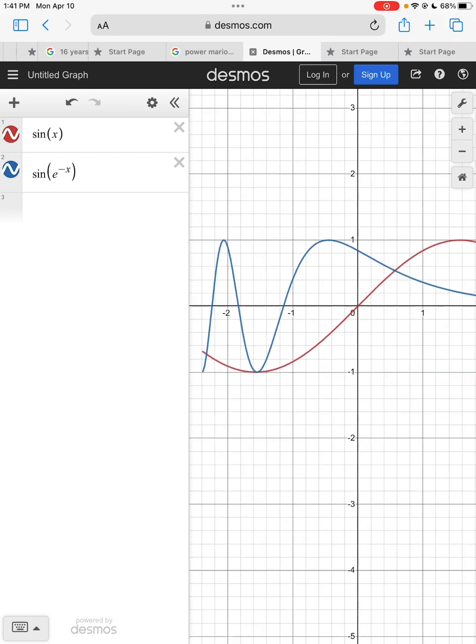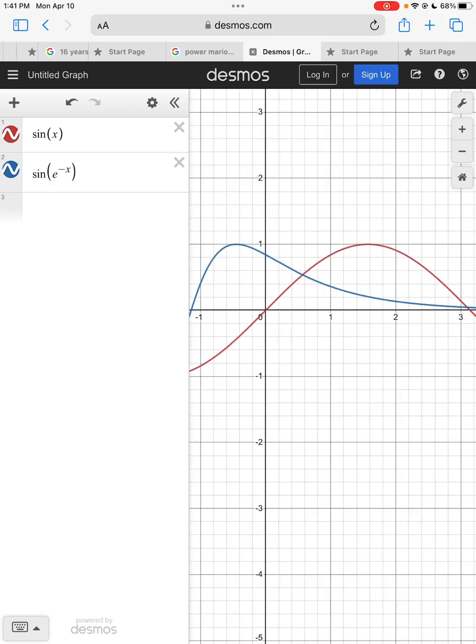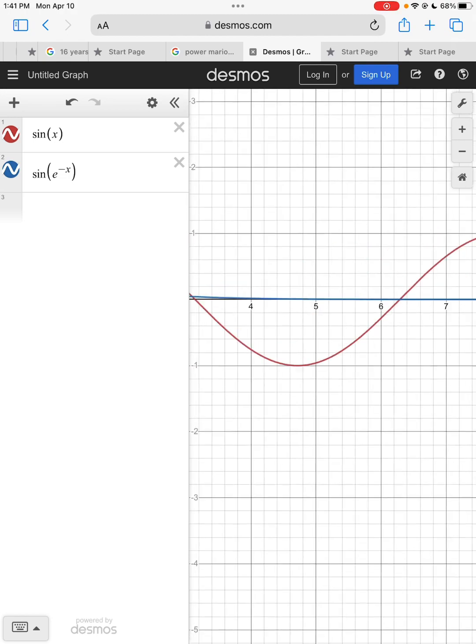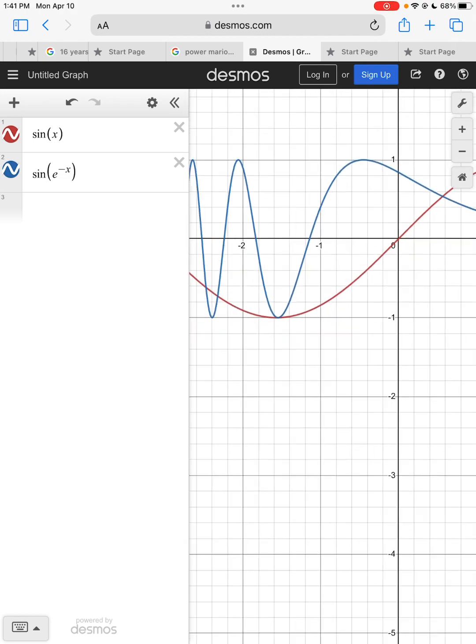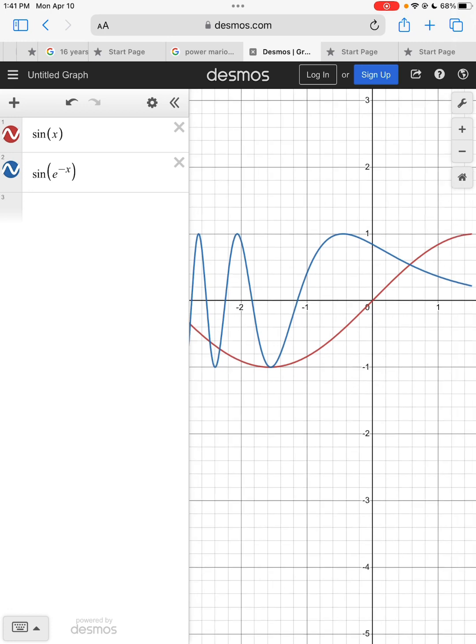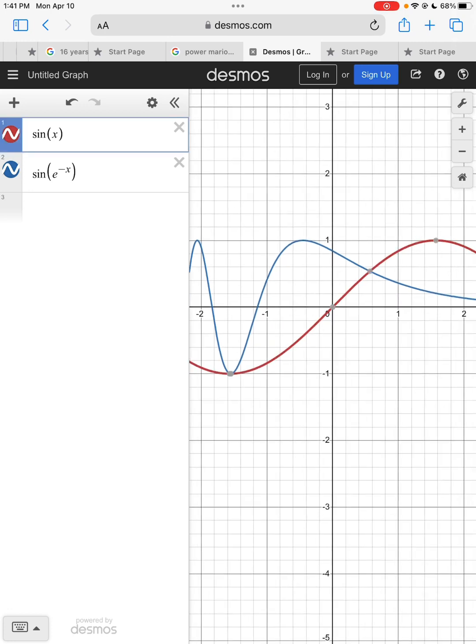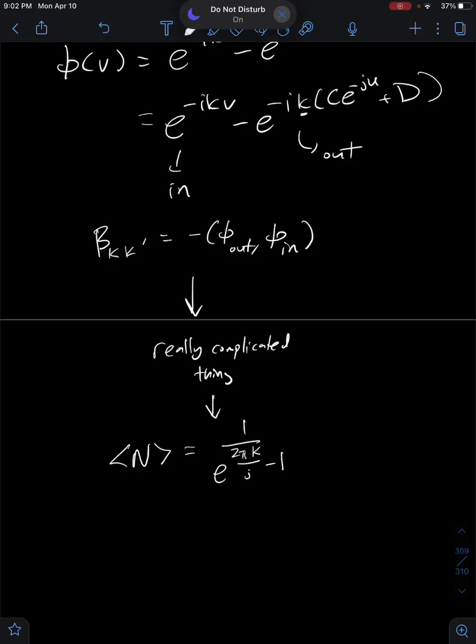However, the incoming wave is just a basic sine function. So you can see how the redshift happens, and we want to compare the red field to the blue field through the Bogoliubov transformation. So let's do that.